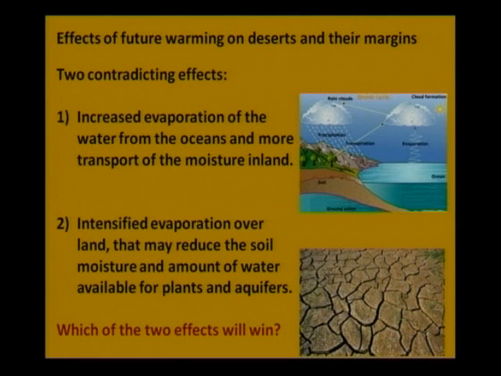If it's warmer, then soil loses moisture very quickly. So we may have more rain, but it will not stay in the soil, and many regions may get a negative water balance, even if theoretically these areas are more moisture rich. And we need to know which of the two effects will win eventually.